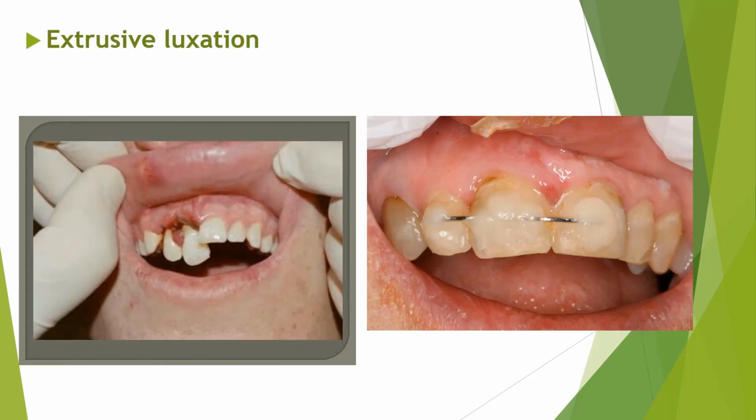Extrusive luxation. قلنا بالبداية الextrusive luxation هي partial displacement of the tooth outside الalveolar bone. If the tooth is a primary tooth, in this condition, the tooth should be extracted immediately. In cases where the tooth is a permanent tooth, treatment should be started as soon as possible, within the first few hours after injury.